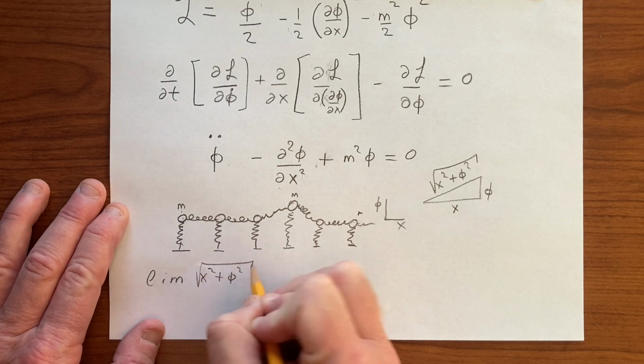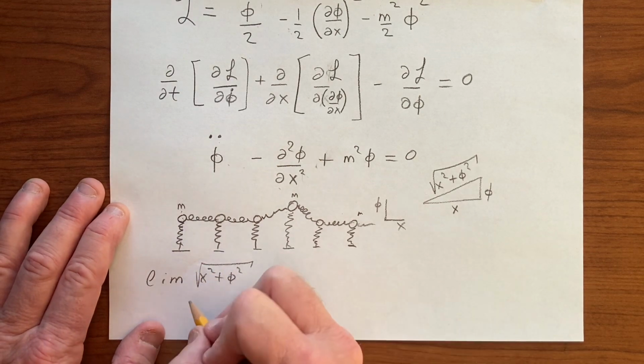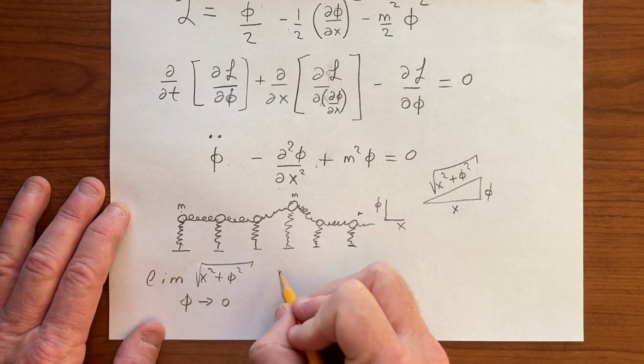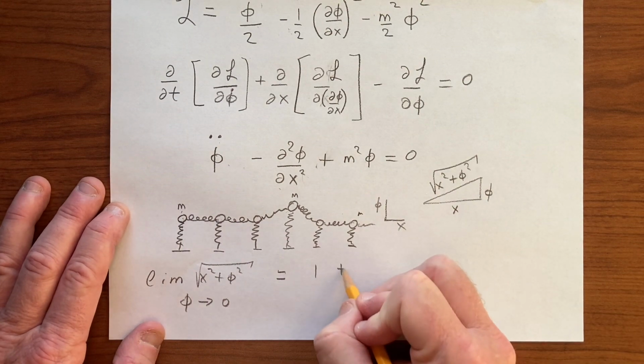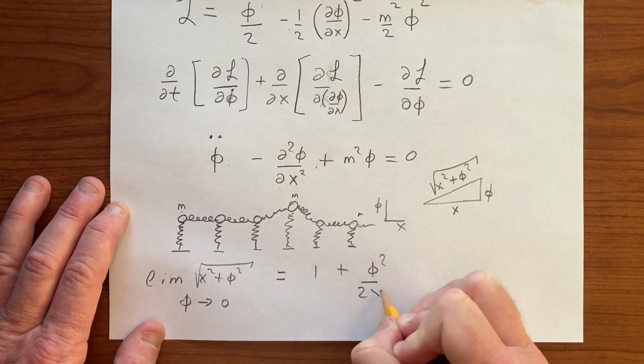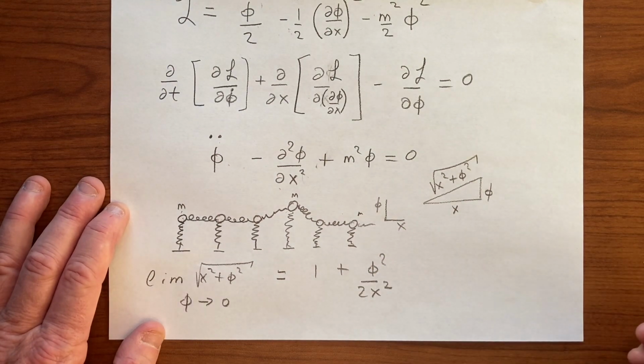We could call that y, x squared plus y squared, x squared plus φ squared, as φ or y goes to 0. And this becomes 1 plus φ squared over, I think it's 2x squared.